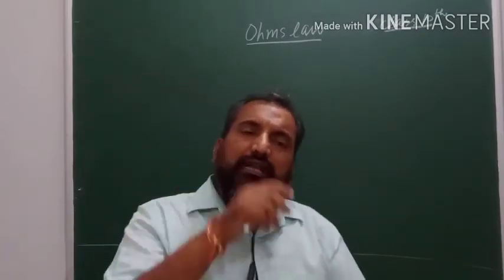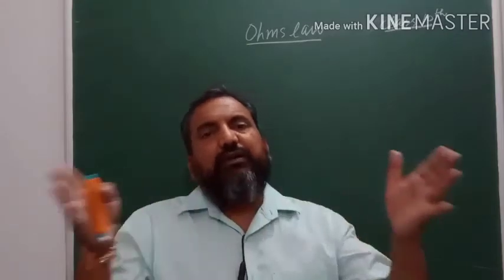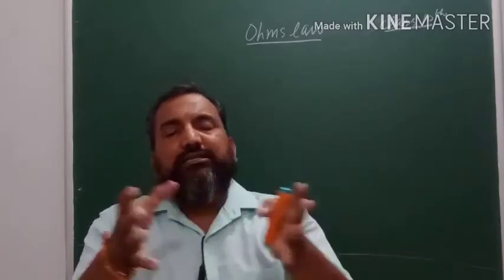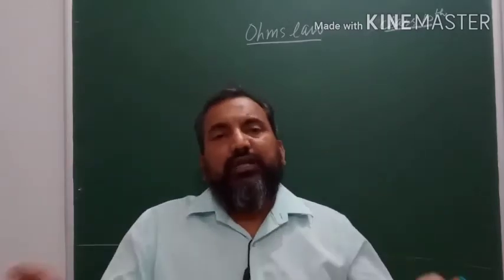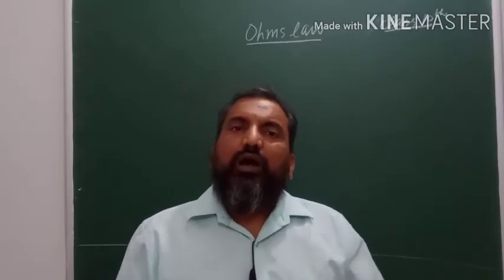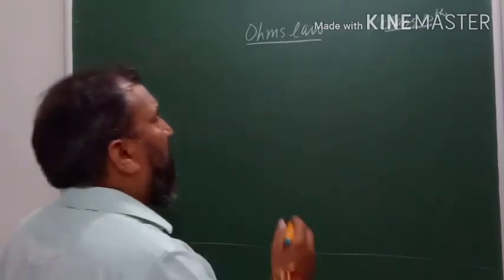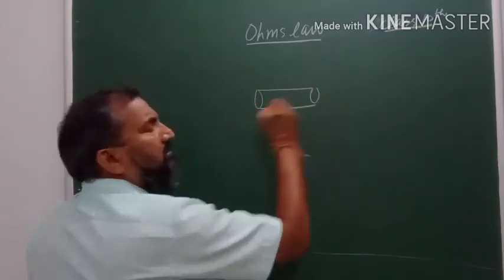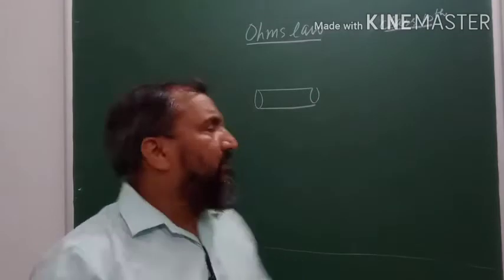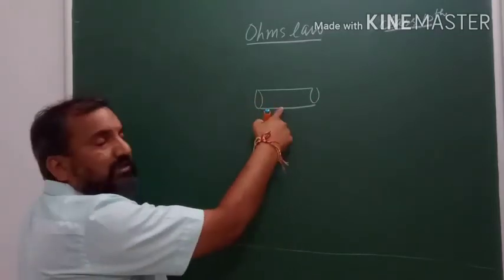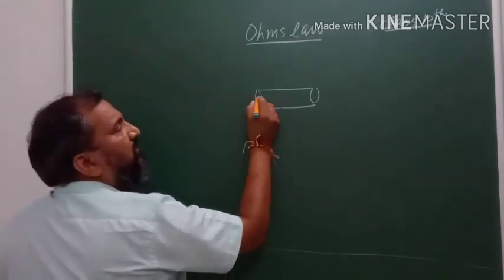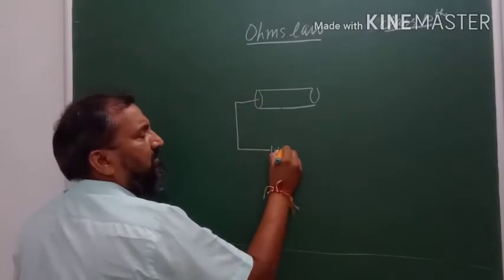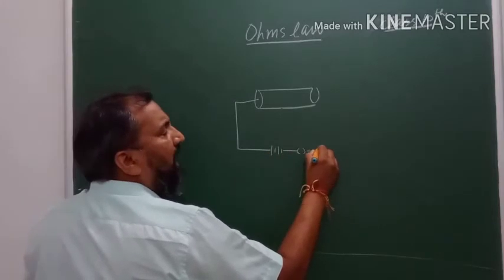And what is that relation? He gave a law, and that law is recognized by his name, known as Ohm's law. According to him, take a closed circuit with a conductor wire connected to a battery, a key and a rheostat.